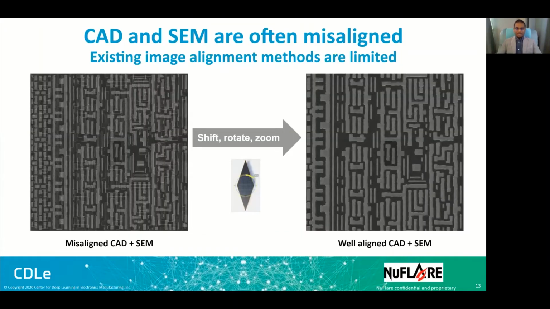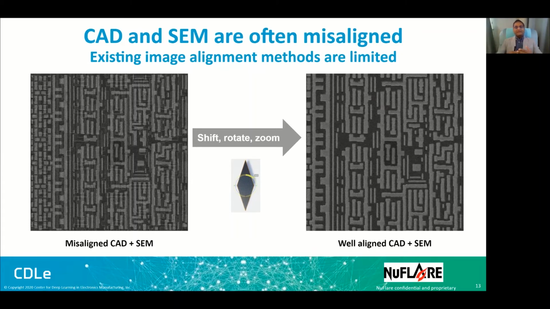Applications which require CAD and SEM need the features to be aligned on CAD and SEM images. As you can see on the left-hand side, I have an example of a CAD and SEM. They are overlapped together, and the reason you see some solid and some blurry overlap means there is misalignment.